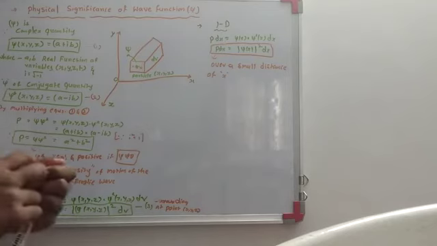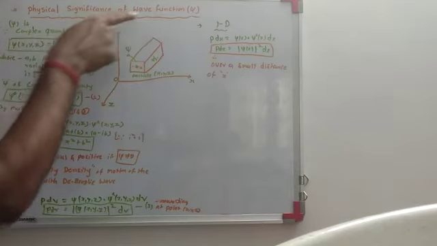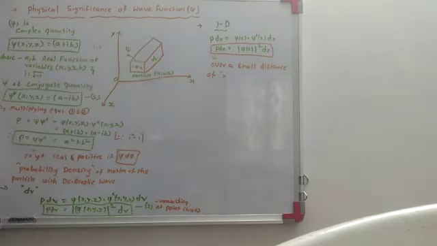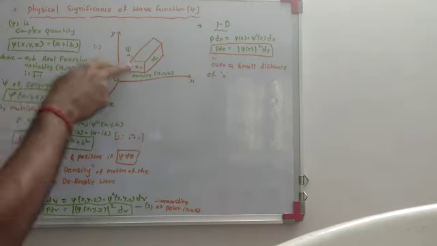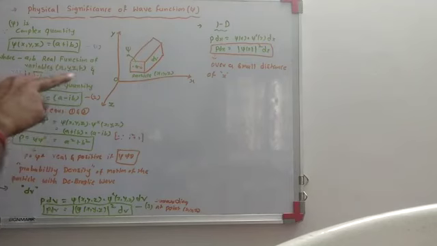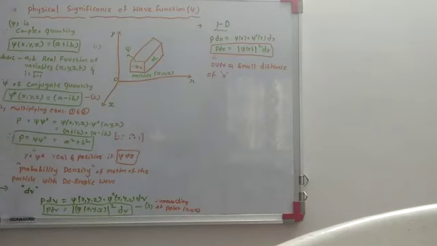Once again, I will explain these concepts. The first concept is the physical significance of wave functions. The wave function is denoted by psi. Suppose you consider a particle having three dimensions along the x, y, z coordinates.